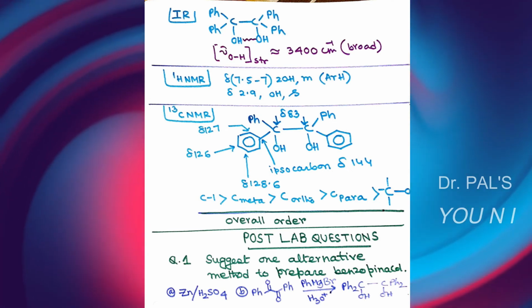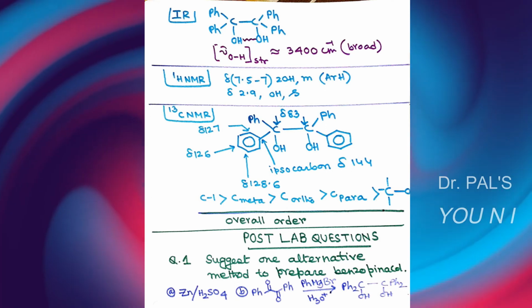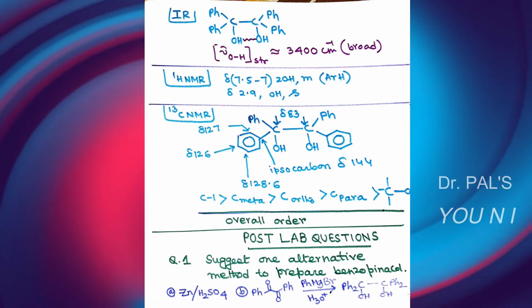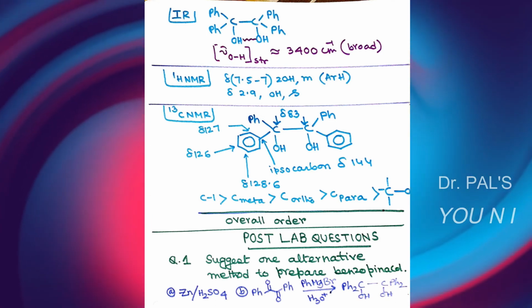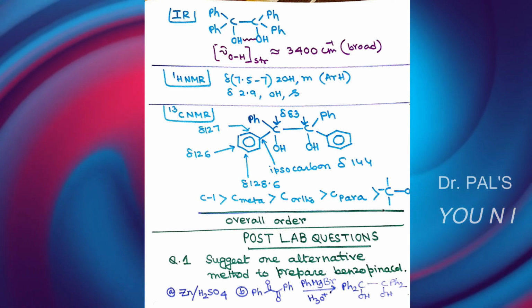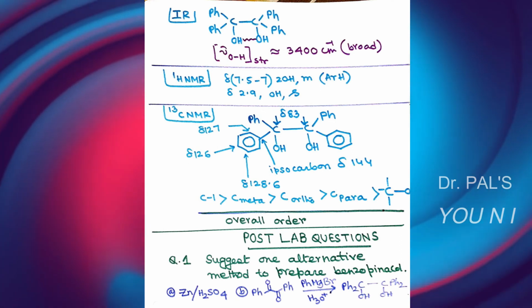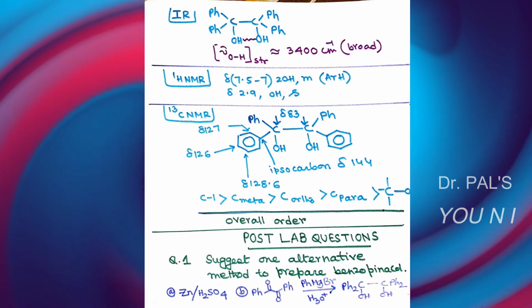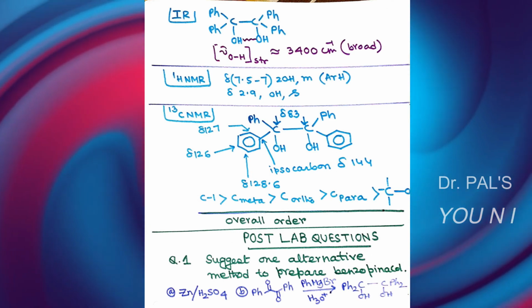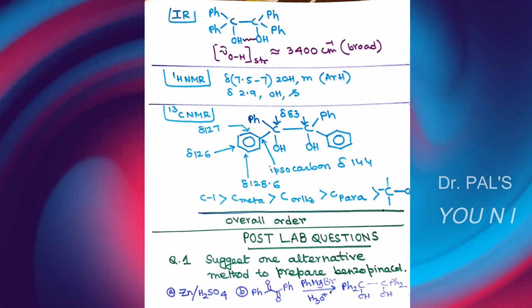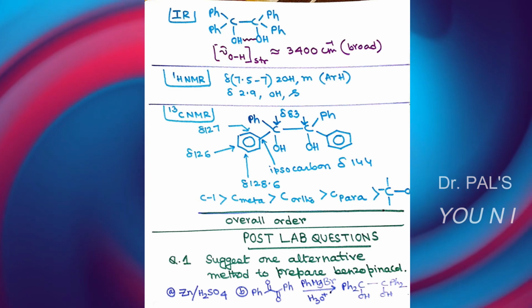Now coming to the 1H NMR of this molecule, it is a highly symmetrical molecule, so only 2 peaks come here. All the phenyl rings give only one signal, a multiplet at 7.5 to 7 ppm. With respect to the phenyl ring, ortho hydrogen, meta hydrogen and para hydrogens are there, but their coupling is very weak. So the ortho, meta and para hydrogens all come together as a multiplet, and a total of 20 hydrogens will come as a multiplet.